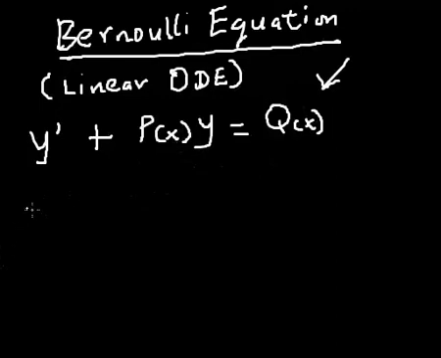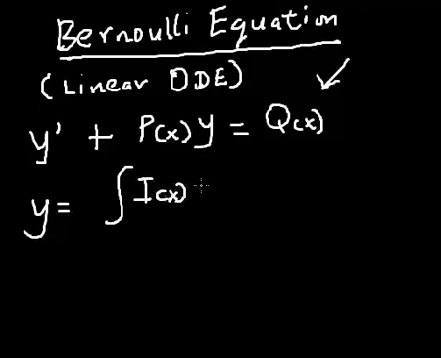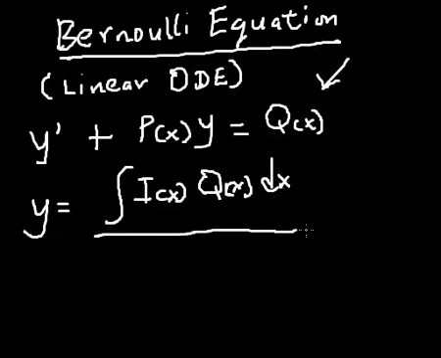We apply the general solution, which is the integral of I of x, the integrating factor, which I'm going to show you how to find, multiplied by q of x, the function at the right hand side, with respect to x, all divided by I of x, the integrating factor.